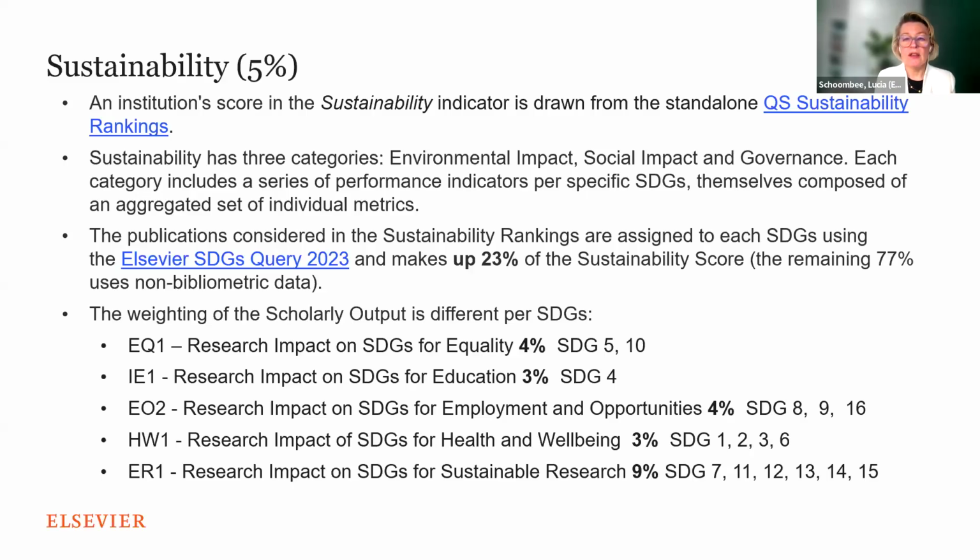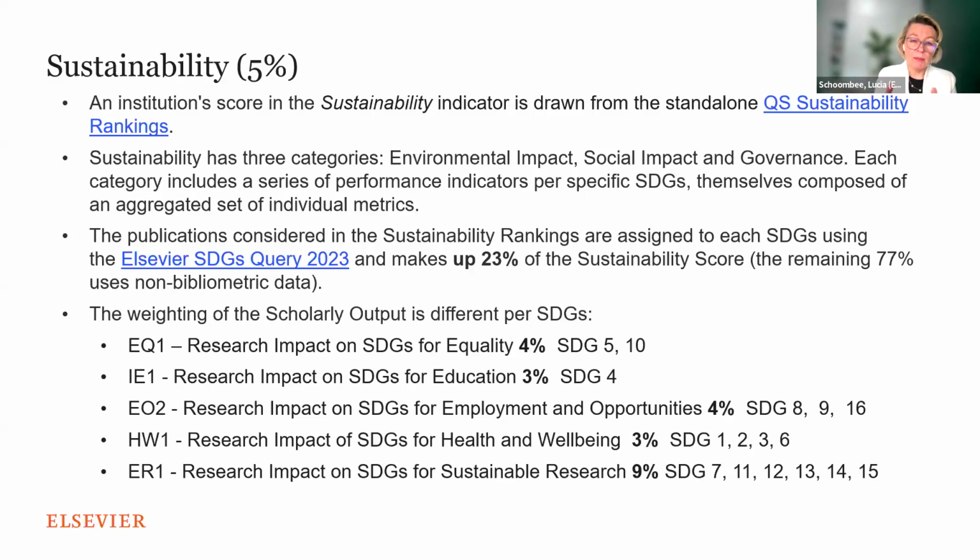And what this looks like is that the sustainability ranking has three categories. It looks at environmental impact, social impact, and governance. For each of those three lenses, as they call them, they identify different metrics, and some of them have 12 metrics, some 5, and so on.